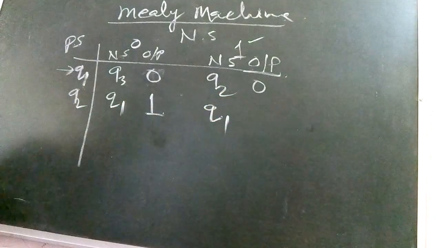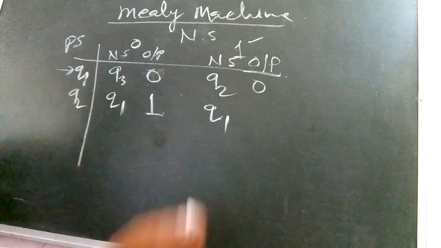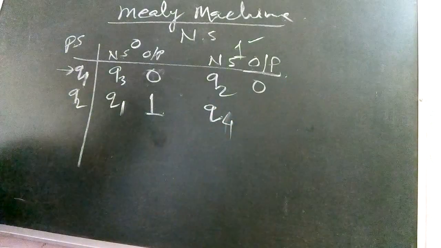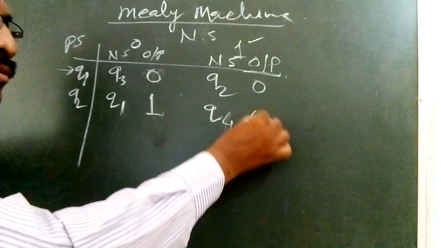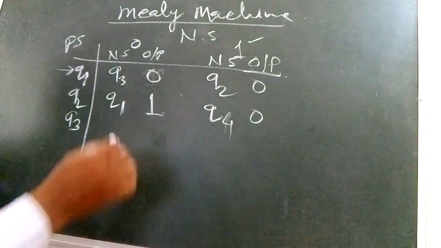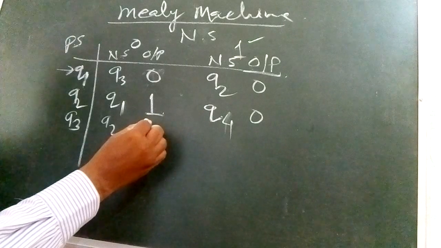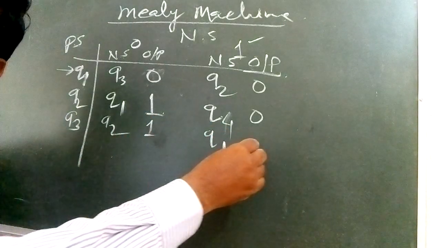For input 1, next state is Q4 and output is 0. From state Q3, for input 0 its next state is Q2 and output is 0. For input 1, next state is Q1 and output is 1.